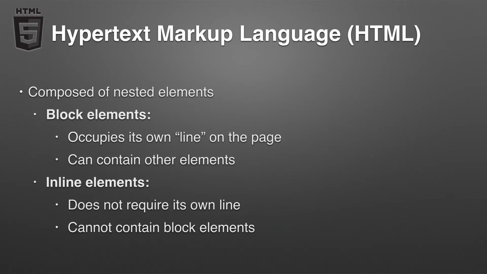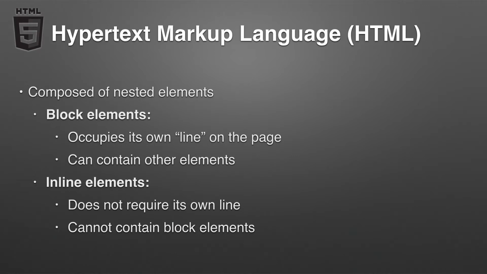So there are two big types of elements we want to talk about when we think about HTML. And we're going to look at some actual basic HTML code, so you'll get a good sense of this. But we've got block elements and we've got inline elements. HTML will nest these elements so they can be within each other. When we think about how something is going to appear on the page, a block element, conceptually, occupies its own line on the page, and it can contain other elements.